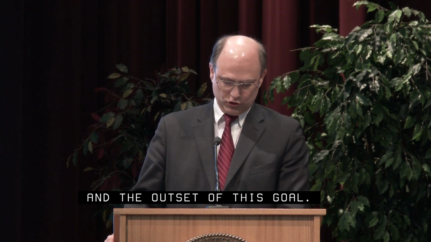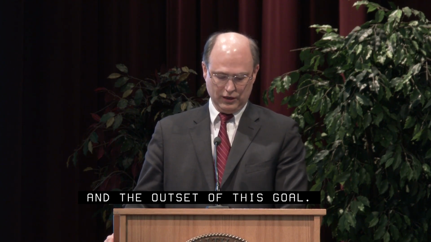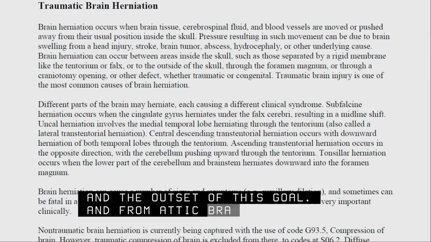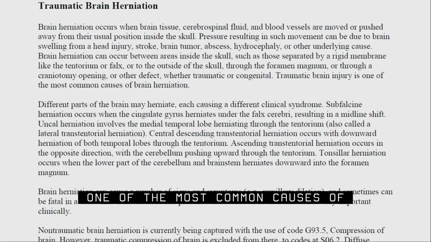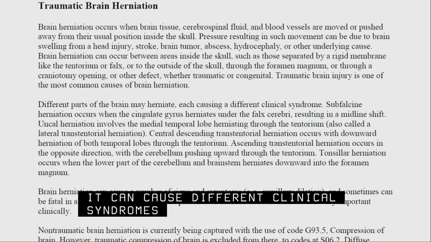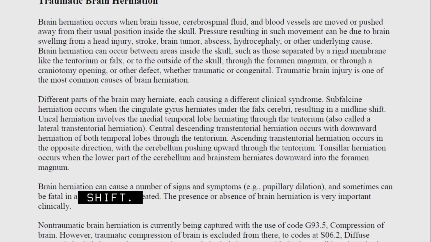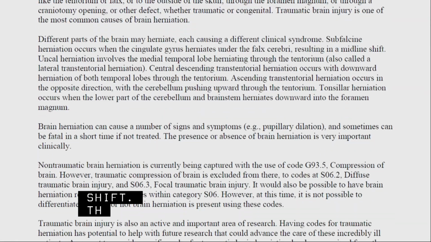And traumatic brain injury is one of the most common causes of brain herniation. And different parts of the brain can herniate, and these may each cause different clinical syndromes. A subfalcine herniation occurs when the cingulate gyrus herniates under the falx cerebri, resulting in a midline shift. An uncal herniation involves the medial temporal lobe herniating through the tentorium.